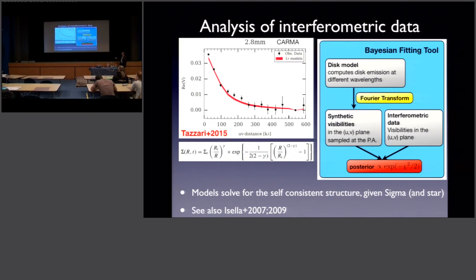The parameterization that normally people use is the one that Phil also showed at the beginning of the week, which is the one that comes from the viscous evolution of disks. And basically, in this case, you try to solve for these 3 parameters: the normalization factor, essentially how much mass there is at a certain point in the disk, the transition radius, and this gamma exponent.